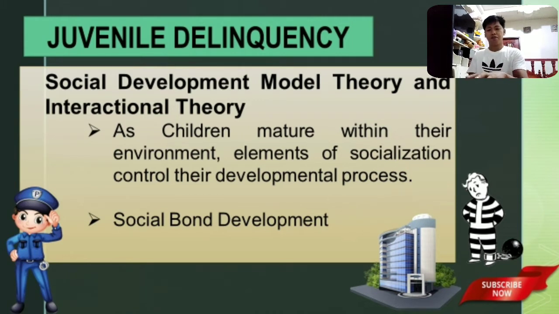For example, sabihin mo, sige, gusto mo isumbong kita sa parents mo? Kung weak ang social bonding niya sa kanyang family, sa kanyang parents, then he will not be afraid of whatever the consequences of his doing in relation to his social bond.